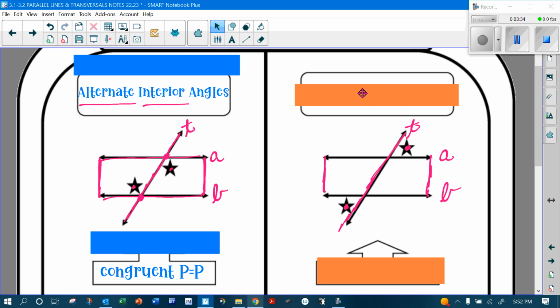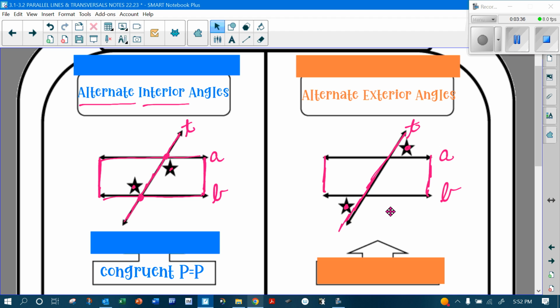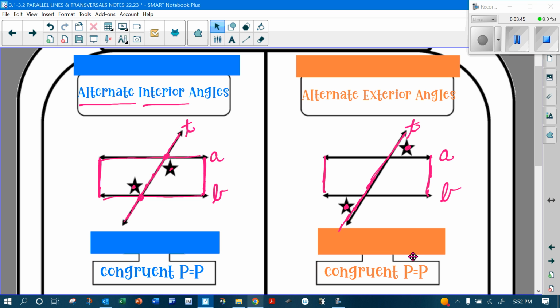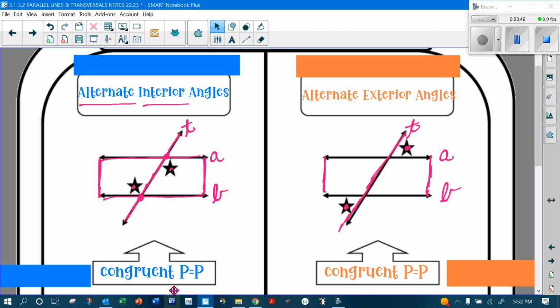So when that happens, they are called alternate exterior. If they're inside, they're going to be interior. If they're outside, they're going to be exterior. And these are also always going to be congruent. So those are your first two relationships between parallel lines and a transversal.